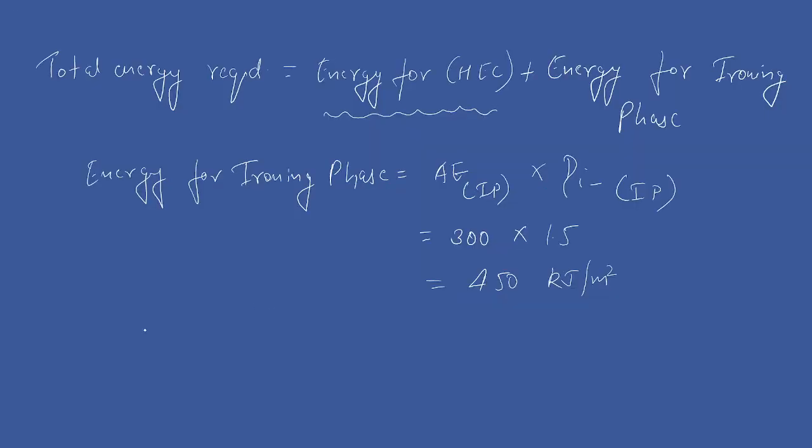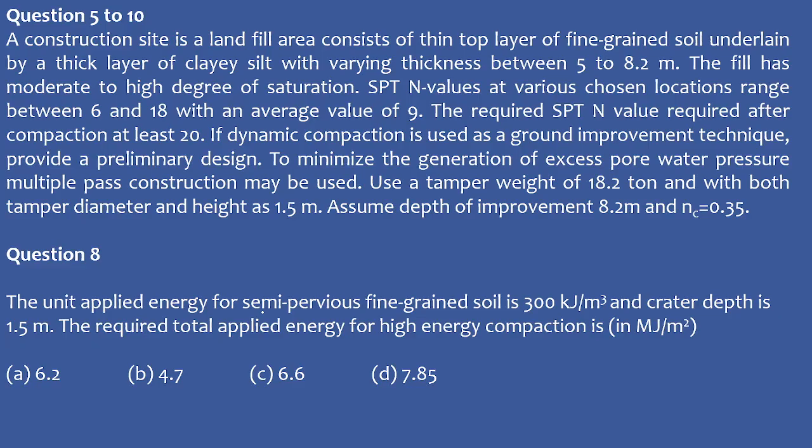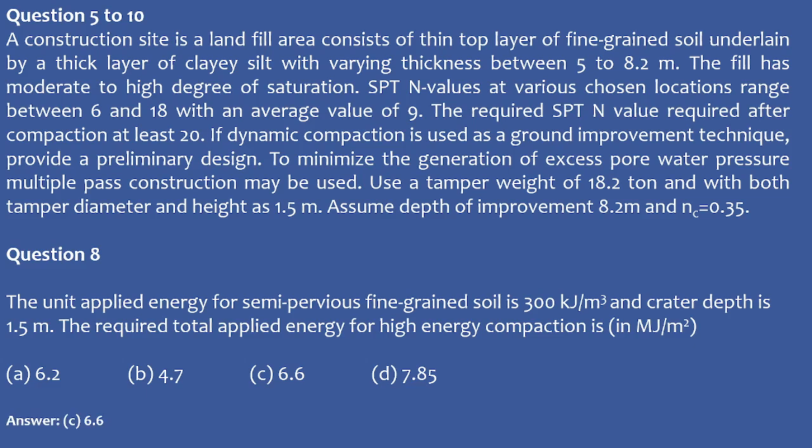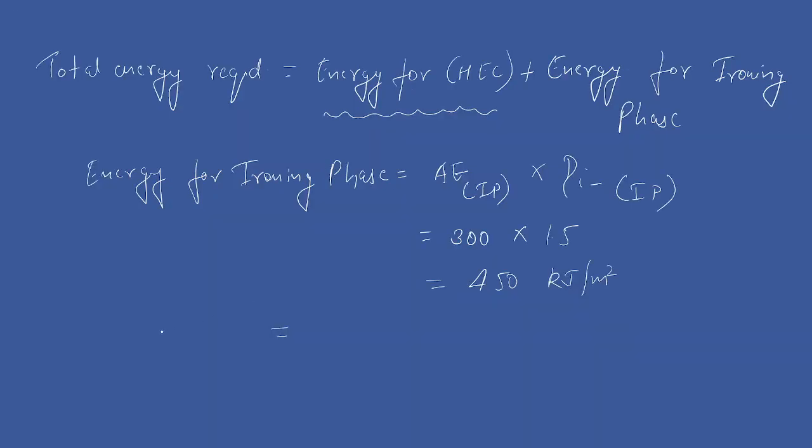So now from our previous question we know that the total required energy was 7.05, and we need to calculate the applied energy for high energy compaction plus 0.45 megajoule per meter cube.